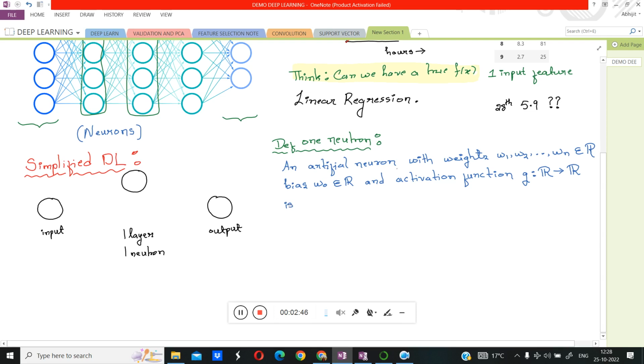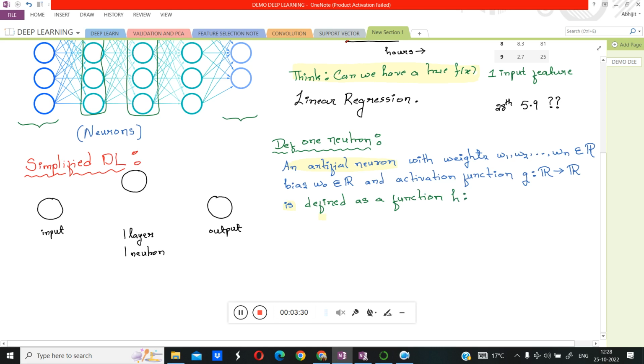An artificial neuron, you can also read it like this: an artificial neuron is defined as a function. This is the final thing that you get out of one neuron. Is defined as a function h.